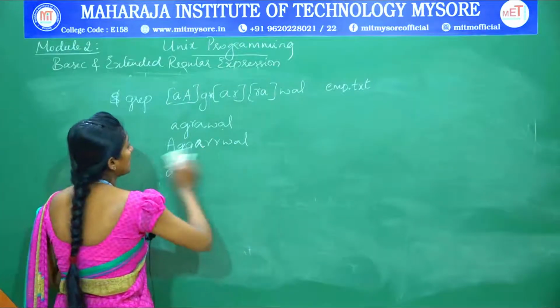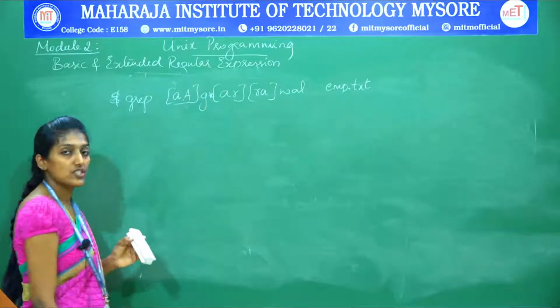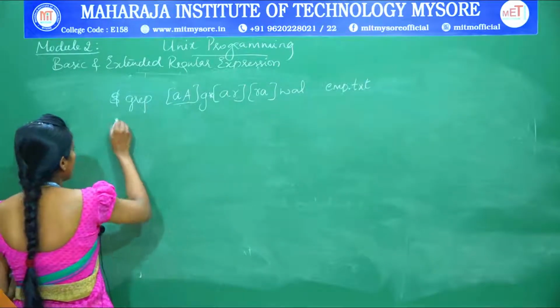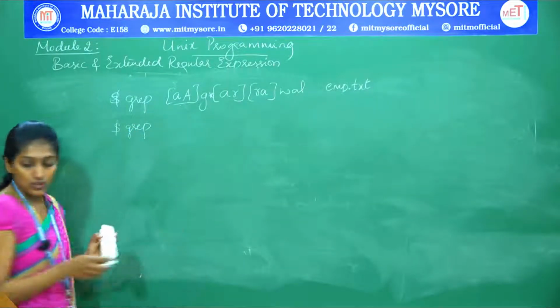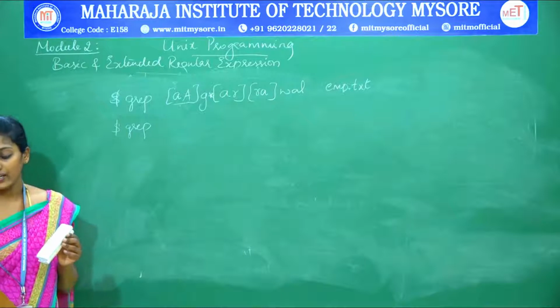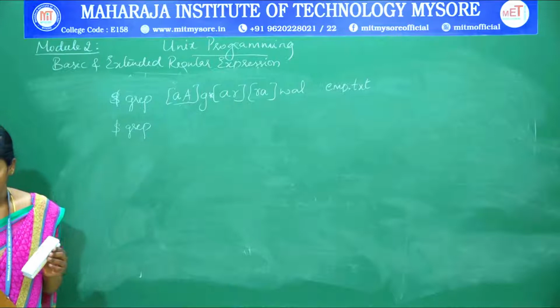So next, now you have come across the character class as well as G star. Now you can even match with dot and dot star. That is how you are going to match with dot and dot star.